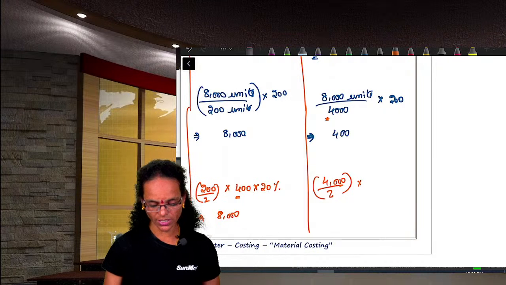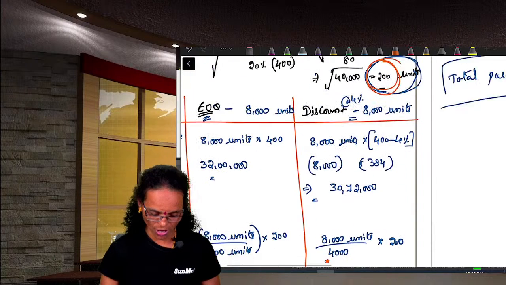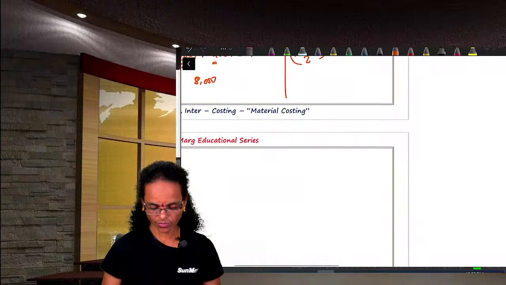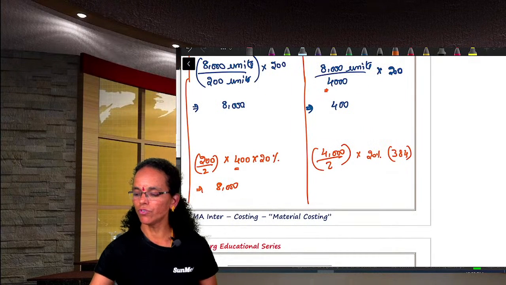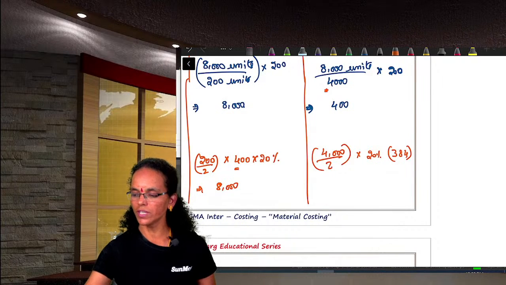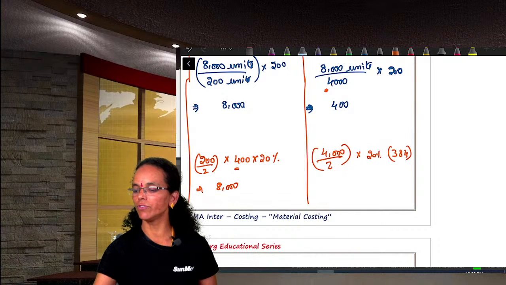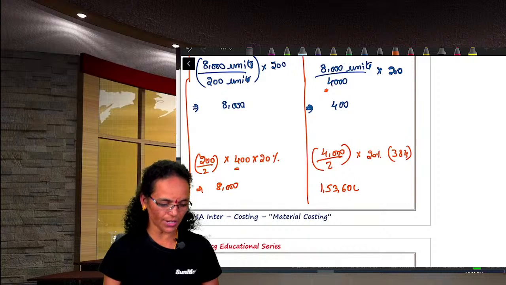The carrying cost is 20% on what cost? Discounted cost. 400 minus 4%, that is 384. So 4,000 divided by 2 into 20% into 384 is nothing but 1,53,600 rupees.